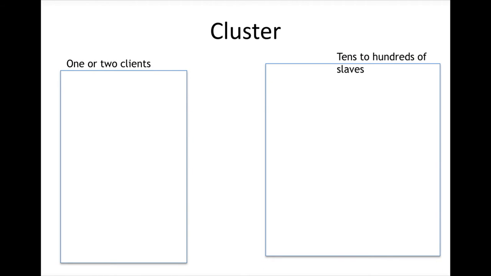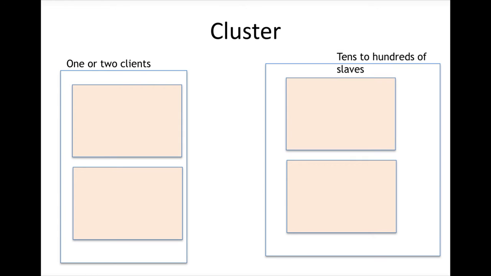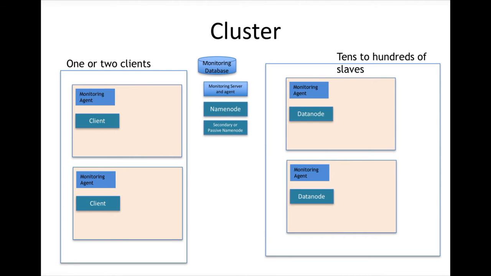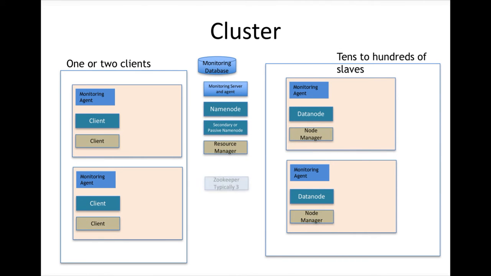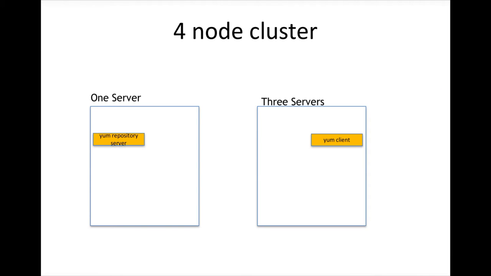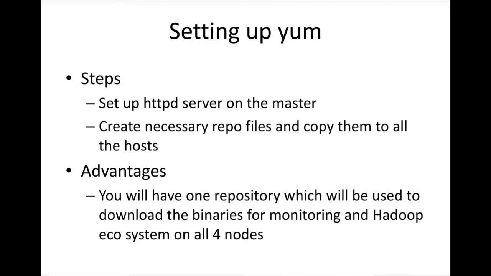On a cluster we will have one or two clients, tens to hundreds of slaves, and a few masters. Those masters can be monitoring server, name node, secondary or passive name node, resource manager, zookeeper, etc.